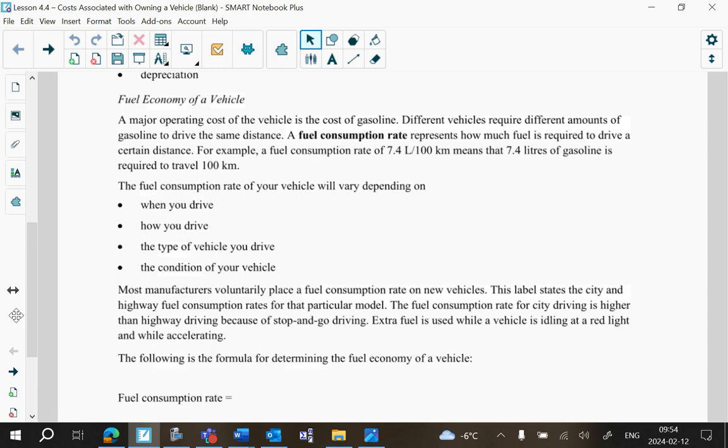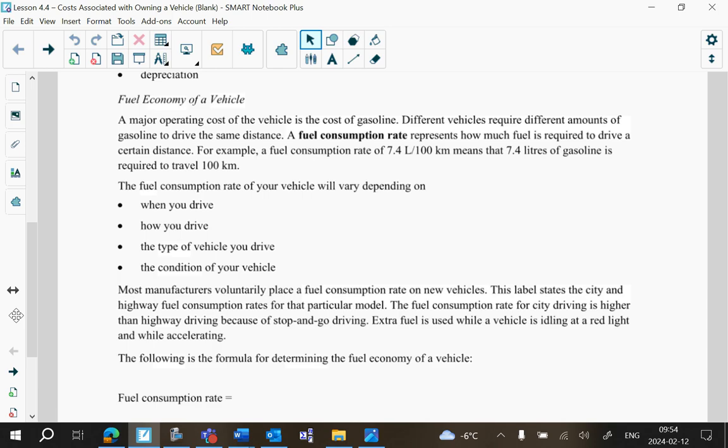And most vehicles list some sort of fuel consumption rate, like new vehicles, or if you're leasing a vehicle, you should be able to get an idea of the fuel consumption rate. So obviously, the lower the number of liters per 100 kilometers, the better fuel consumption your vehicle has, right? There are a lot of factors that come into how good your fuel consumption is, and it's the type of vehicle you own.